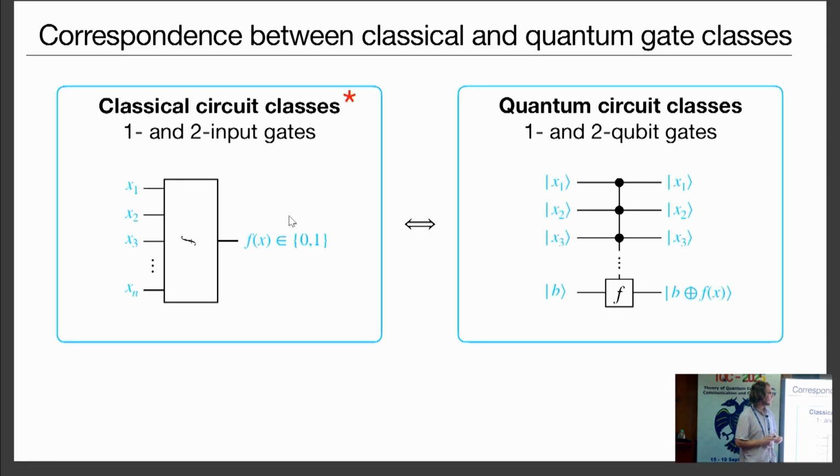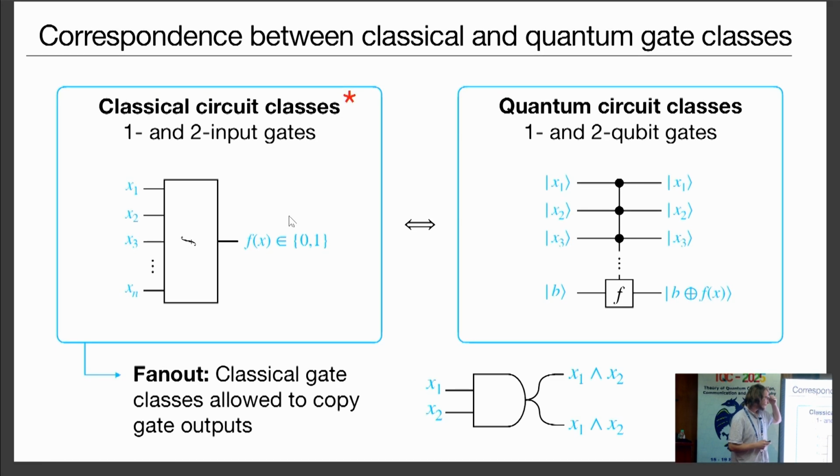Okay, so there was this red asterisk earlier when I was laying out the quantum and classical models that we're thinking about. Both classes consist of some restricted set of gates, and we can define quantum analogs of these gates. But one thing that we can't exactly do quantumly, that is assumed in our classical circuit models, is the ability to fan out a single bit of information.